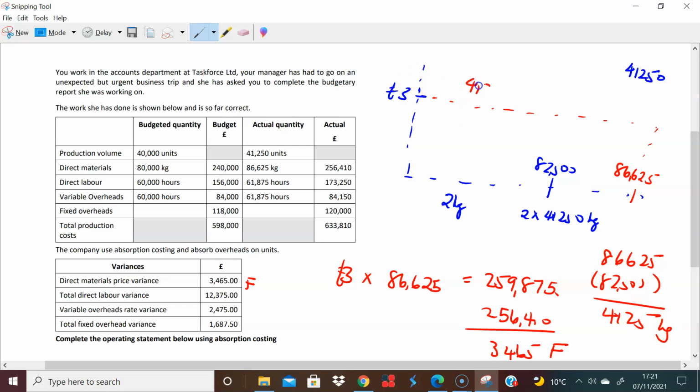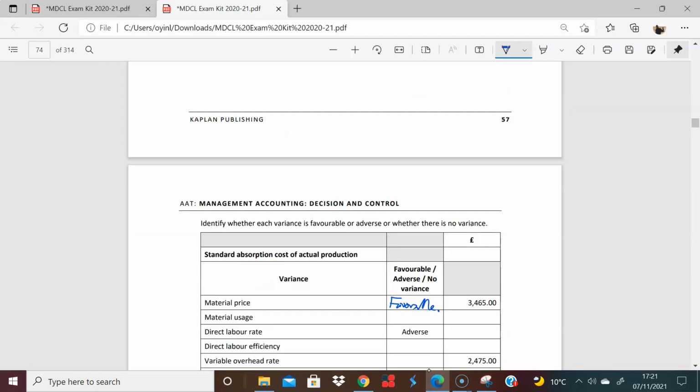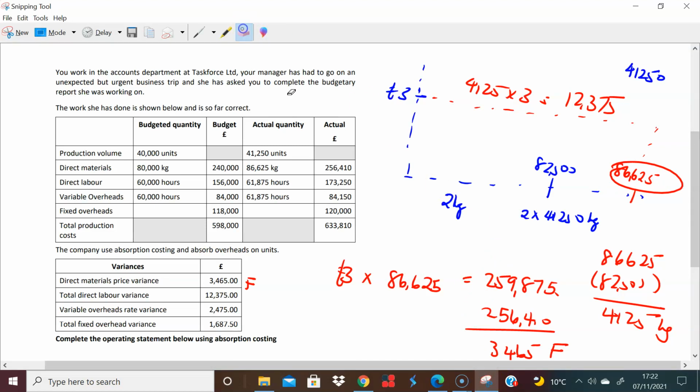So 4,125 times 3 is equal to 12,375. And that's adverse, because you used more than you should have. That's 12,375 adverse. It's nothing to do with the other figure; it just happens to be the same amount. So I'm going to go back here and write 12,375 adverse. Okay, right. So that's that done. Let's just tidy that up and clean this up so that we have space to look at labor.